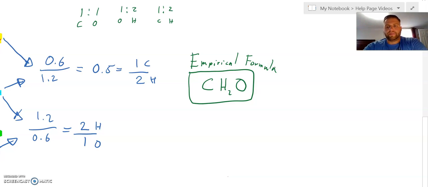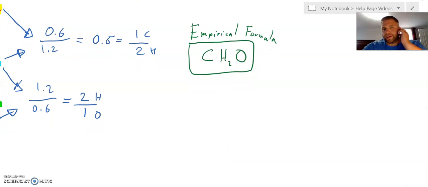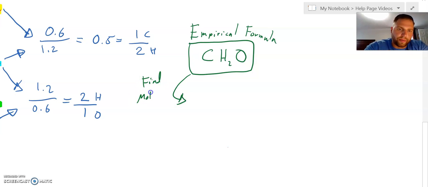So here's where our last step kicks in. What we have to do now is take this empirical formula and find a molar mass. So I know the molar masses of carbon, hydrogen, and oxygen from the proportions. So let's write those in really fast.